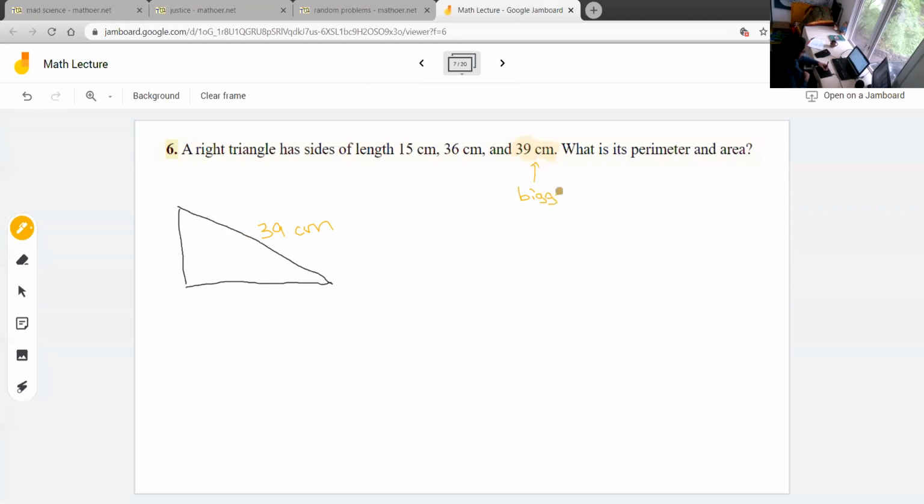The fancy name for that side is the hypotenuse. You don't really care. Now we want to know which one that is, because that's the one we don't care about.